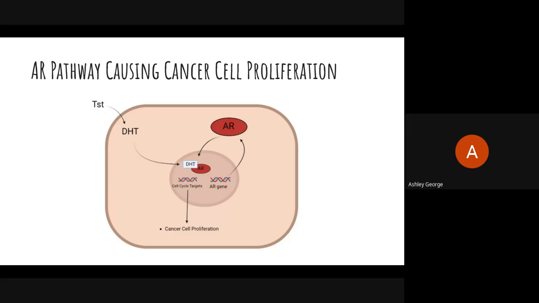So as there's an increase in transcription of these cell cycle targets, it can lead to the proliferation of cancer cells. So the process of prostate cancer cell proliferation depends on testosterone, its conversion to dihydrotestosterone, and how it binds to the androgen receptor, and then moves to the nucleus, causes transcription of the cell cycle targets, and then results in cancer cell proliferation.